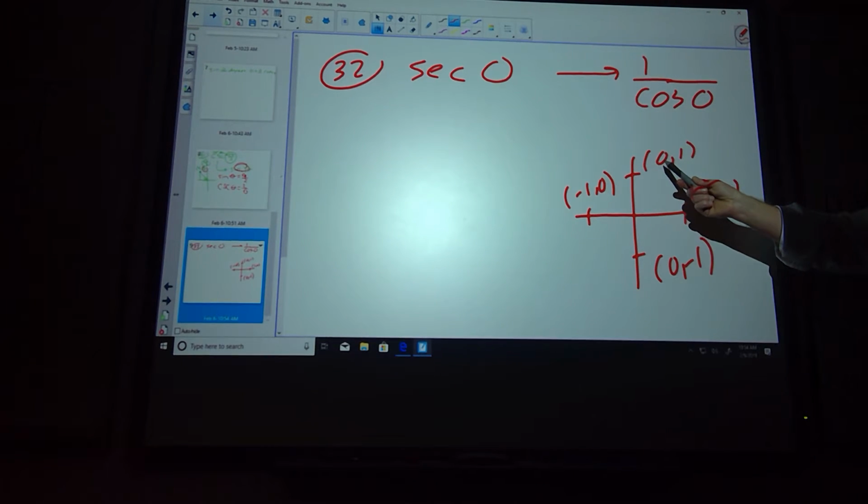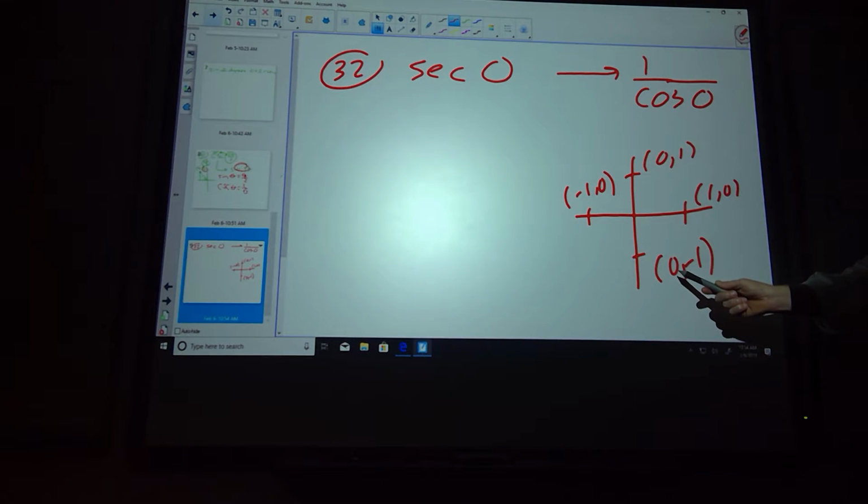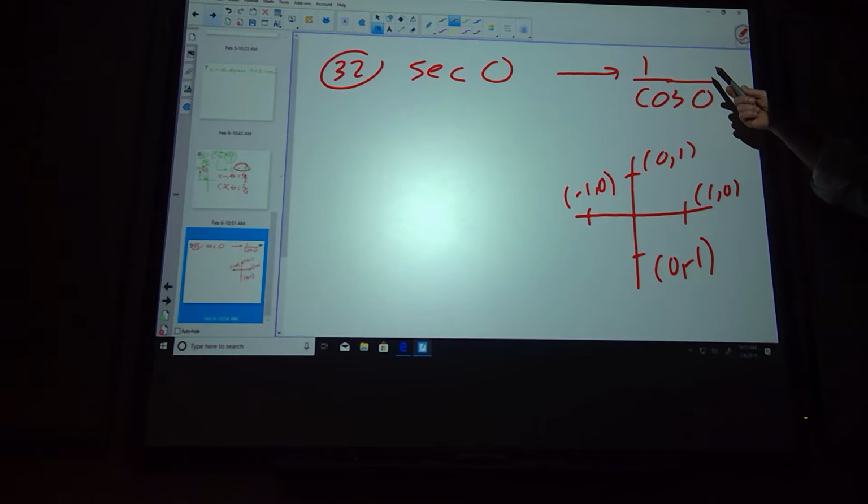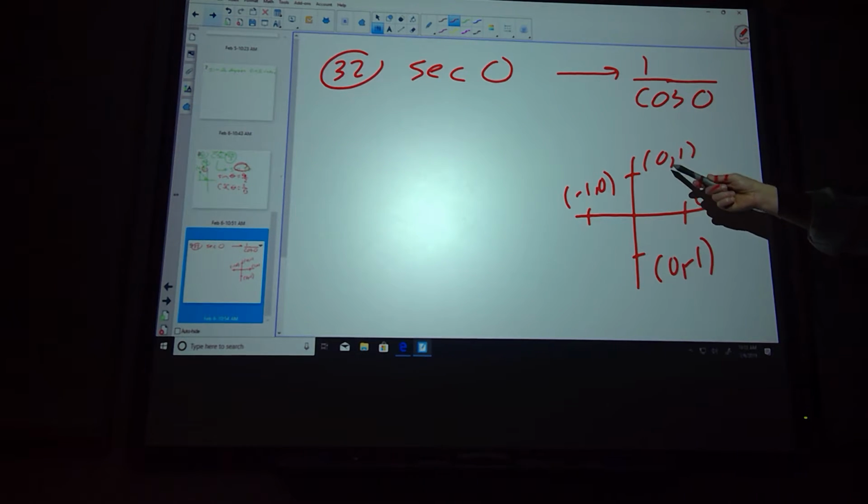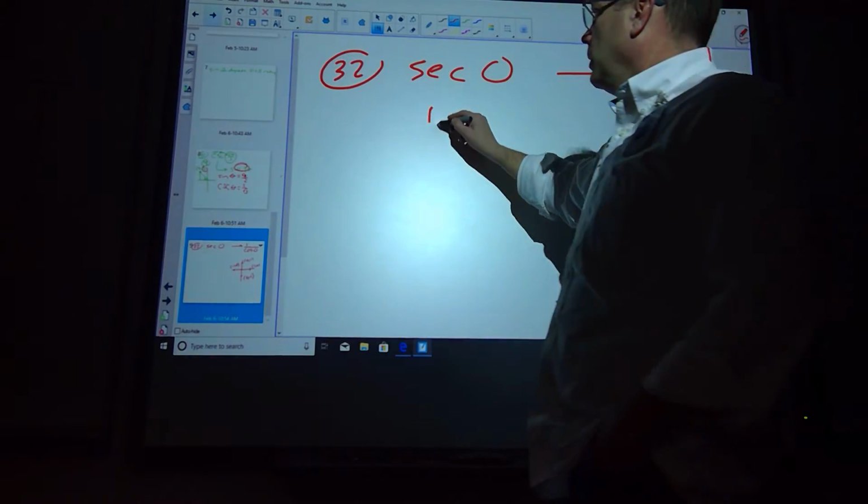Here, and here. Now think about this. If secant is 1 over cosine, and I were to do the inverse of 0, it's not going to work. It should be undefined.